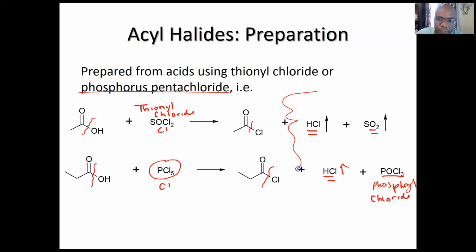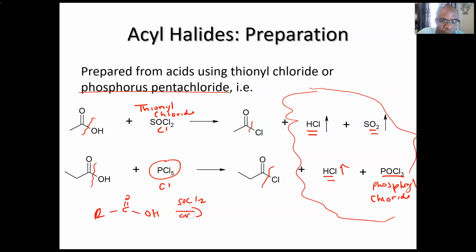So you don't need to worry much about this in the test, but you should know generally that if you start with a carboxylic acid, you're adding thionyl chloride or phosphorus pentachloride. All you're doing is switching the OH with the Cl.